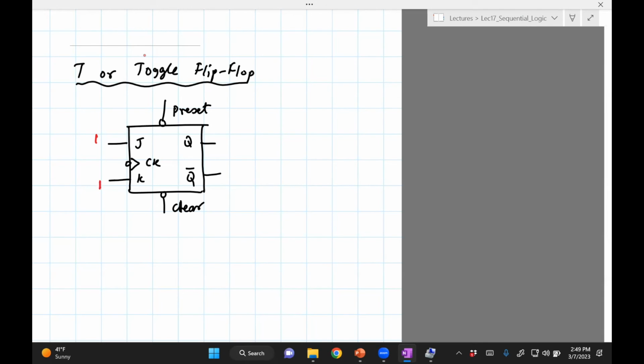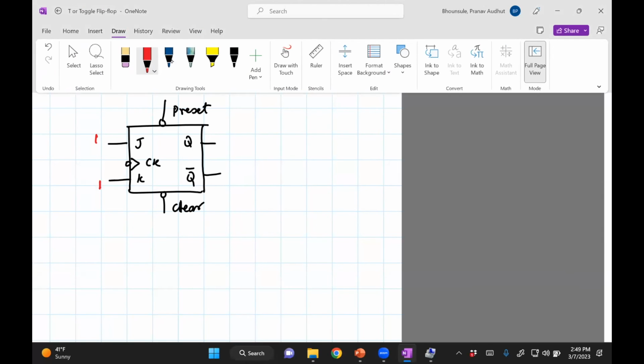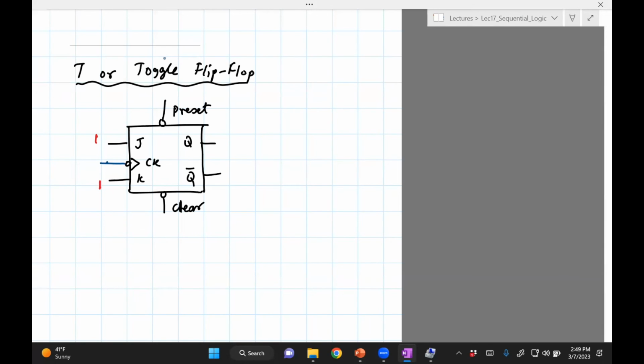We'll keep the K as 1. So the inputs are going to be 1 and 1. We'll connect this to a not gate or inverter. And this is going to be our toggle input.